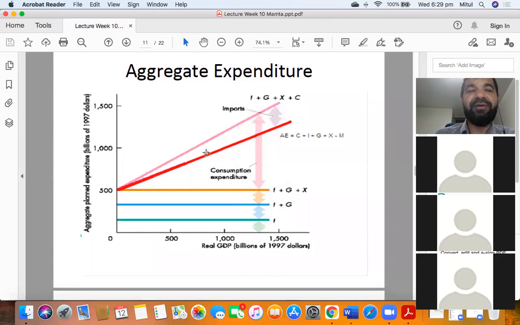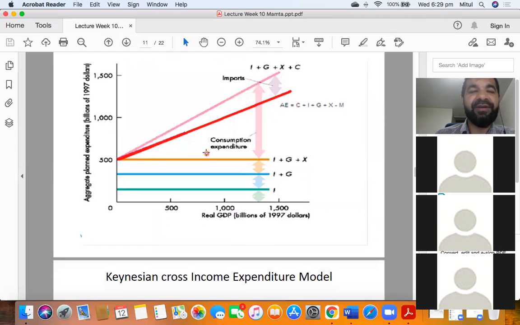Okay, now let's talk about aggregate expenditure. This is a very interesting one. You can see this one is I, and this is I plus G. So the gap between these two, blue and green, this much is G. From 0 to this is your I, this much is your G, and this much is your X, exports. The orange line is I plus G plus X. Now, this is not the problem.